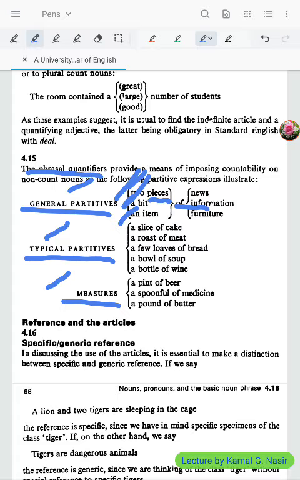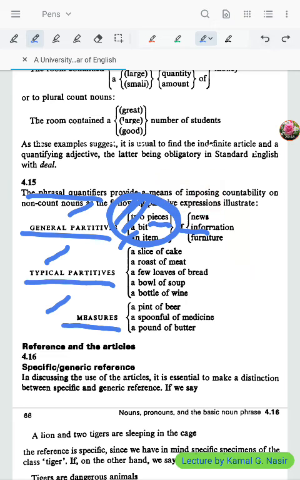So when you add these quantifiers, the non-countable noun will be like the countable, because you classified it into types, like for example, the French wine and so on. You know, wine cannot be pluralized; it is singular. But when you say the French wine and the British wine, it will become wines, because they are types.